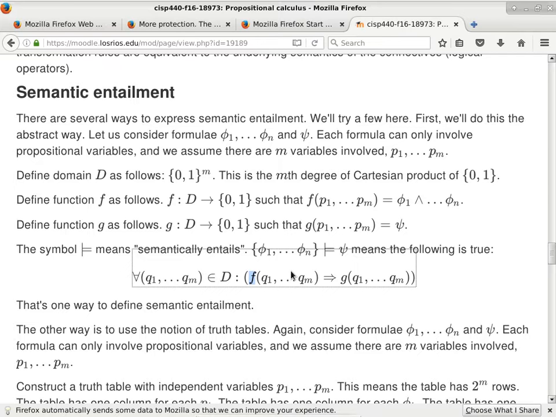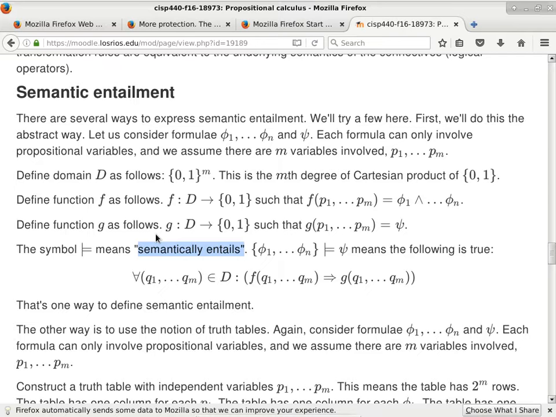Remember the three questions: the how, the what, and the why. This is the how, which is all the details, all the symbols, all the definitions. But what are we trying to express here? We're trying to prove stuff. Well, sort of. What we are trying to illustrate here is the meaning of semantic entailment. And why do we need this? Because we need a sanity check.